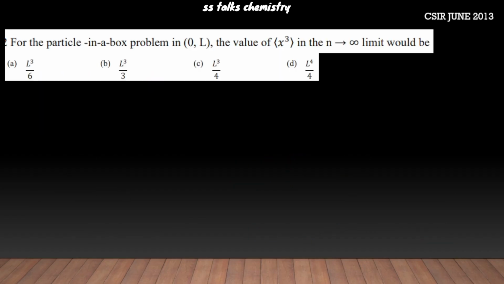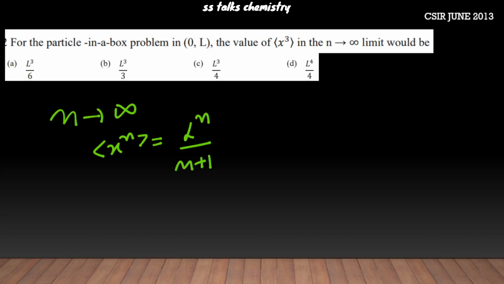Okay, next, for a particle in a box, the value of x cubed when n approaches infinity. So n is approaching infinity. The general formula for x raised to the power of n is L raised to the power of n upon n plus 1.